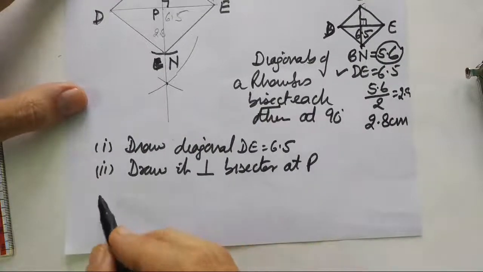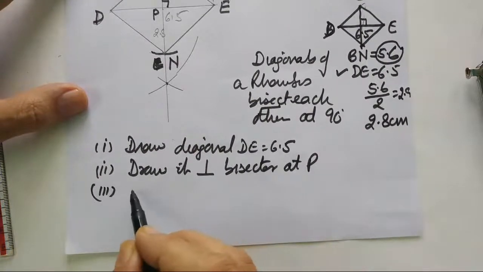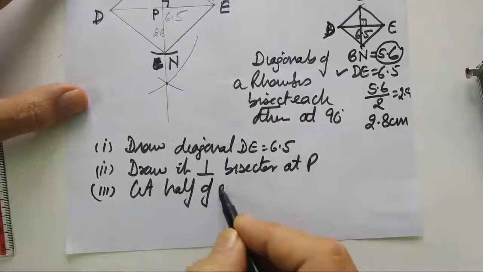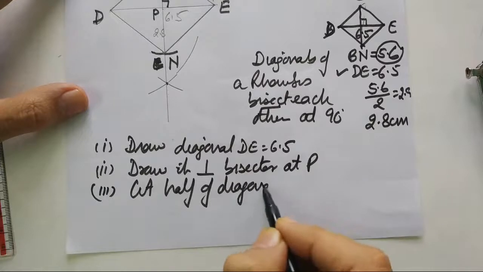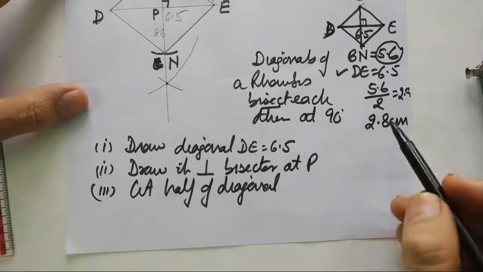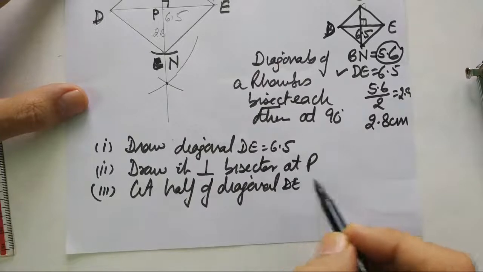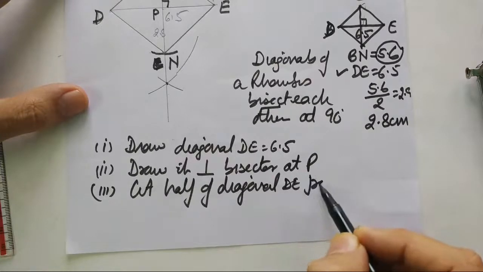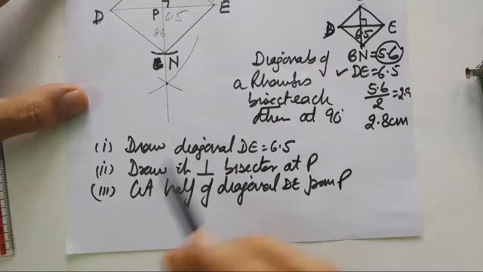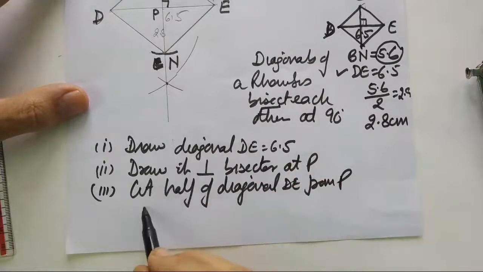Then third step will be cut half of diagonal. The second diagonal is BN. It's half of diagonal BN from P. And what we have made? We have made two arcs.